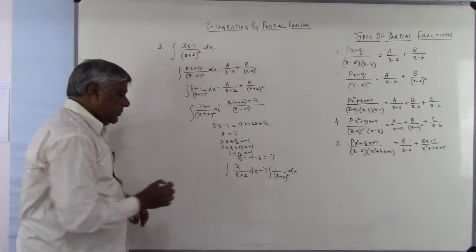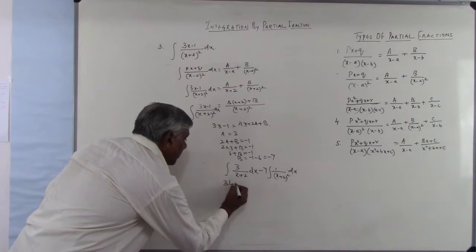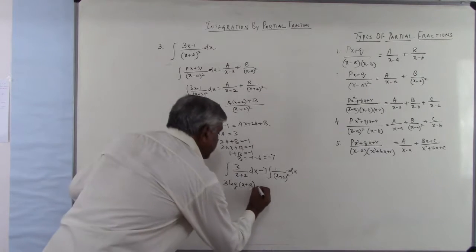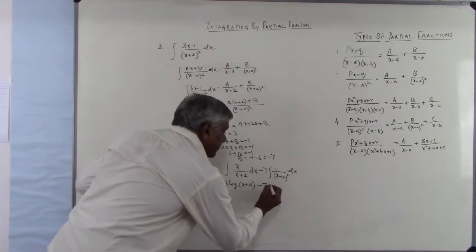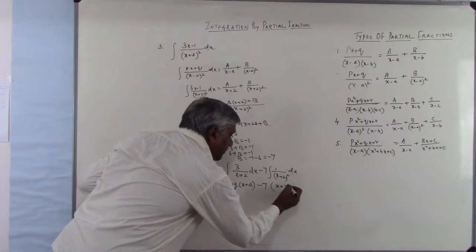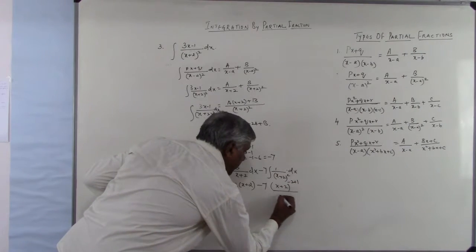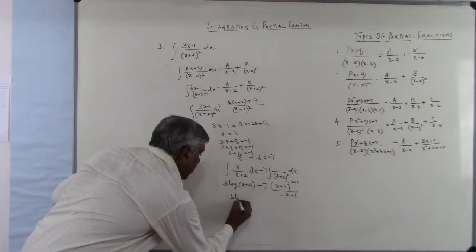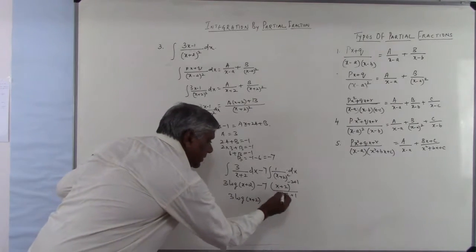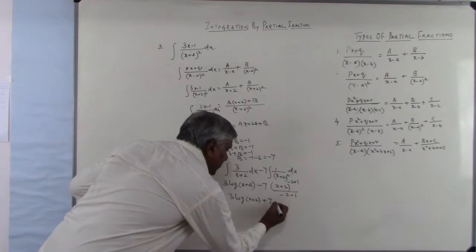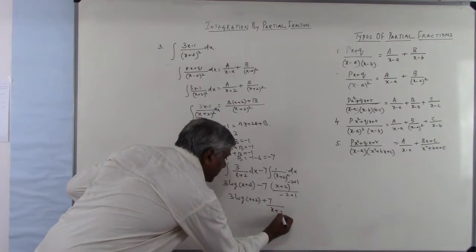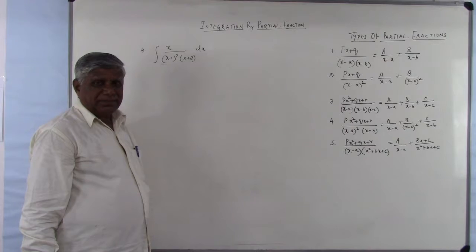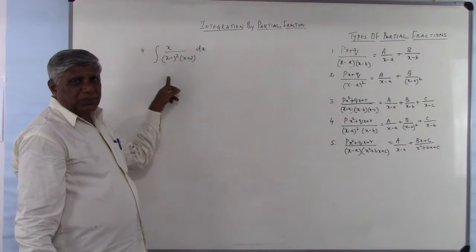Now this is nothing but 3 log of x plus 2 minus 7, x plus 2 whole to the power of minus 2 plus 1 divided by minus 2 plus 1, or 3 log of x plus 2 plus 7 divided by x plus 2 plus c. This is the answer of this problem.